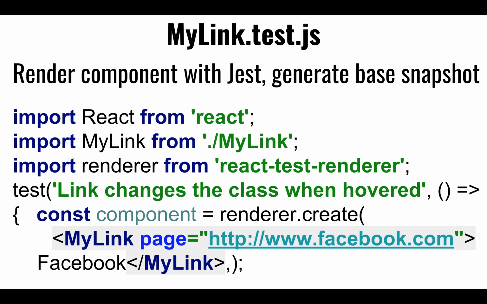Obviously, we don't have an expected value. This one snapshot that we're generating right now will by default become our expected DOM. By default, the very latest snapshot will be the expected DOM.